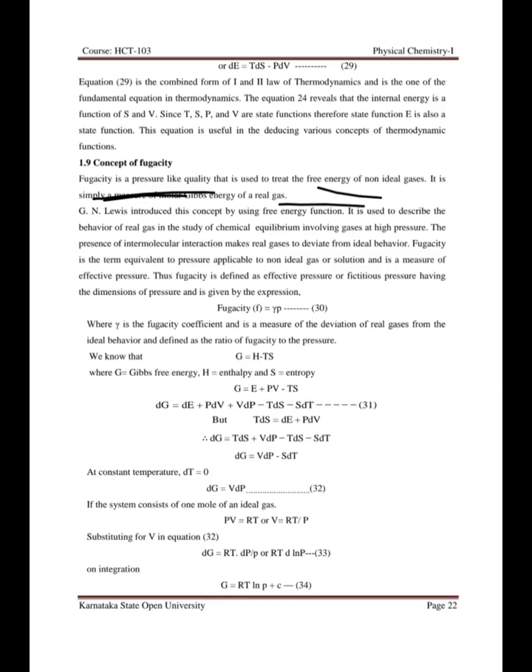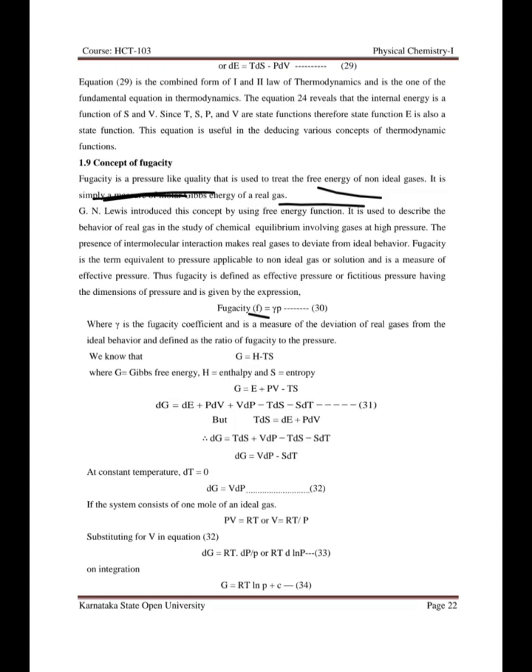F denotes the fugacity, and f is equal to psi into P, where psi is the fugacity coefficient and P is the pressure. So the ratio of fugacity to the pressure can be calculated.